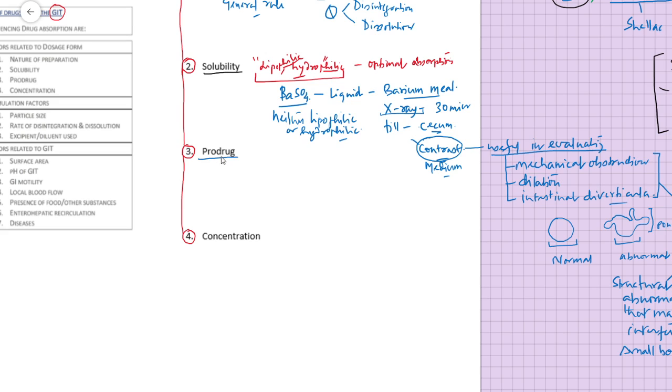Which brings us to this third point on prodrugs. Now, certain drugs, if they are highly hydrophilic, and this hydrophilicity may be due to non-ionizable hydrophilic groups or ionizable hydrophilic groups in the structure, then highly hydrophilic drugs won't be absorbed.